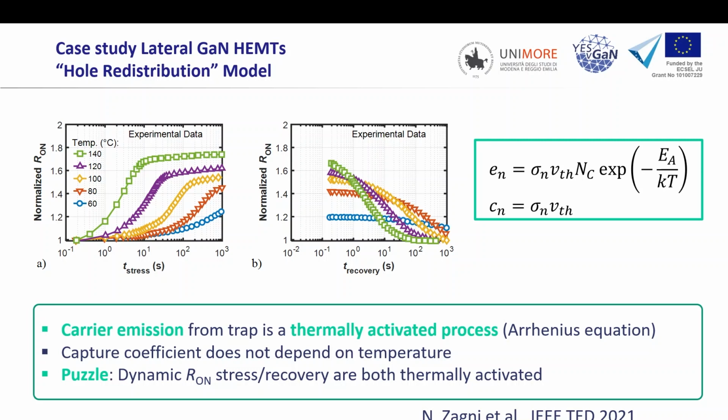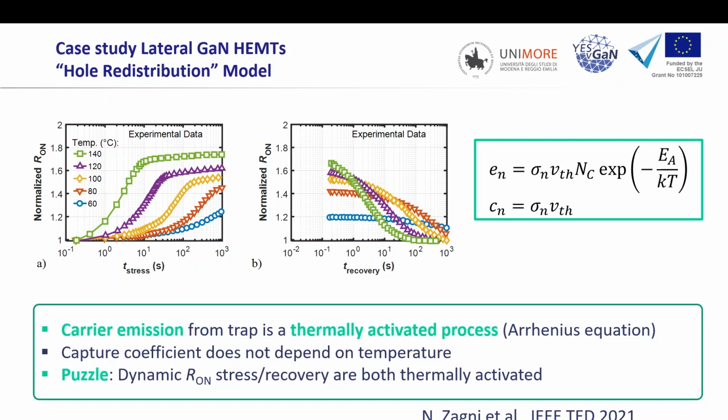Okay, so let's try to go a little bit further. Let's move from breakdown and current collapse to this problem of the dynamic Ron. We discussed dynamic Ron a little bit before. These are experiments that show how your on-resistance changes when you apply off-state stress.